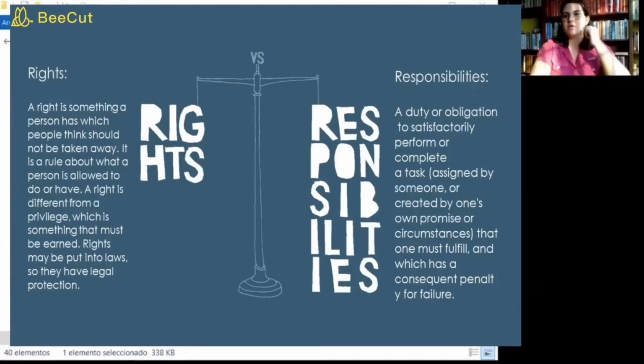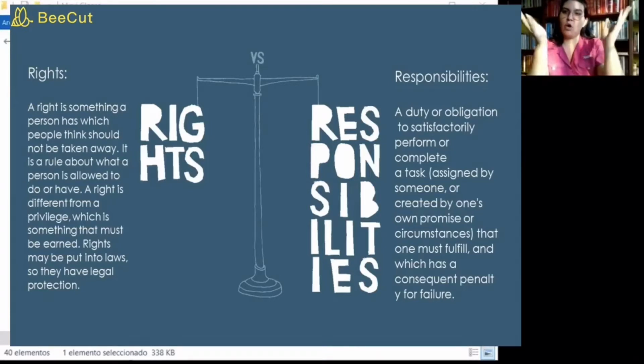What is a responsibility? It's a duty or obligation to satisfactorily perform or complete a task assigned by someone or created by one's promise or circumstances, that one must fulfill and which has a consequence or penalty for failure. A responsibility is something that someone gave to us.